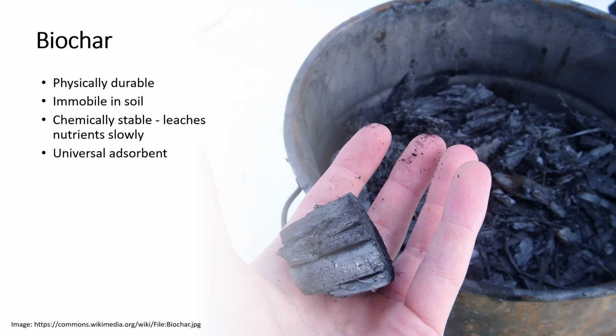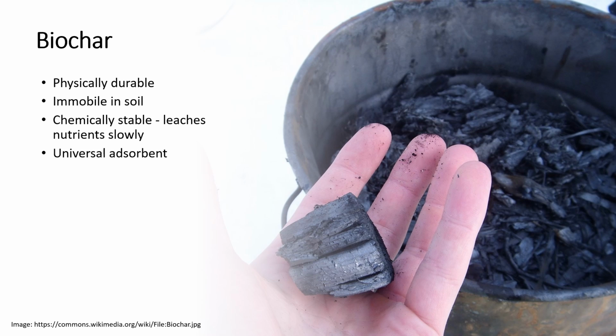What we can do to try to prevent this is to pyrolyze livestock waste to produce biochar before applying it to agricultural land. So pyrolysis is just heating up that feedstock in the absence of an oxidizing atmosphere, so in basically inert gas. Biochar has the benefits of being physically durable, so it doesn't break down in water, meaning that the nutrients are immobilized in soil.